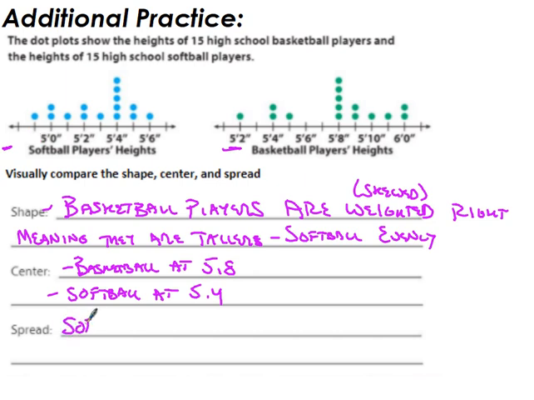Softball from 4'11" to 5'6". Basketball, the spread is from 5'2" all the way to 6 feet.